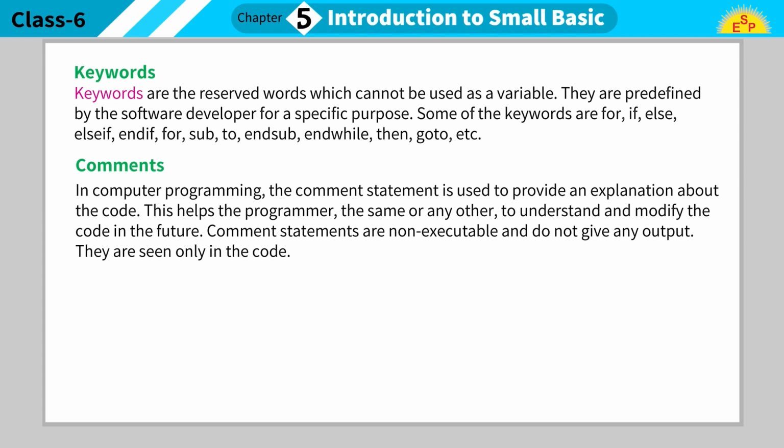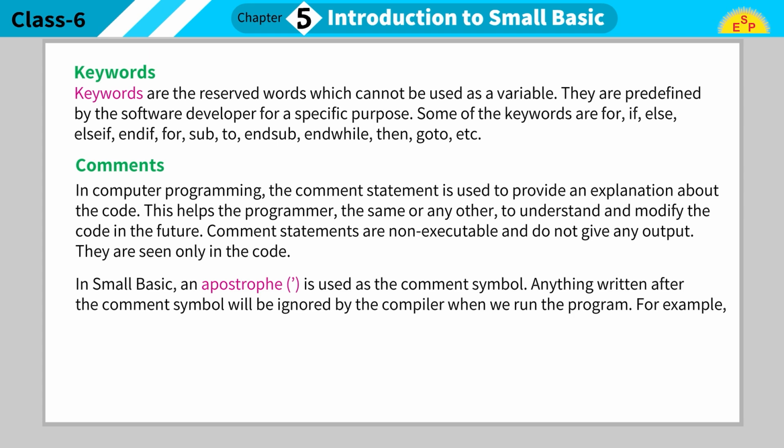This helps the programmer, the same or any other, to understand and modify the code in the future. Comment statements are non-executable and do not give any output. They are seen only in the code. In Small Basic, an apostrophe is used as the comment symbol.